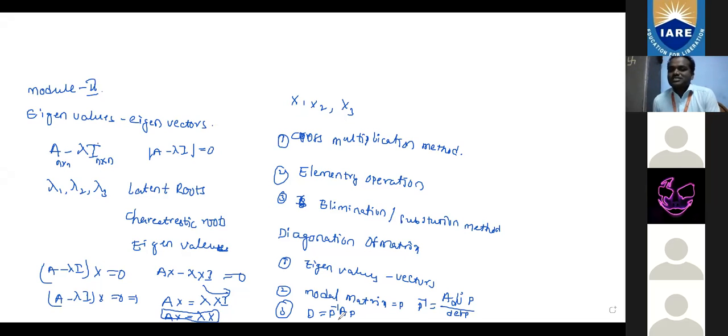So capital D is equal to P inverse A P, and you can also find power matrices, for example A power 4 or A power 10. So A power 4 is equal to P into D power 4 into P inverse.